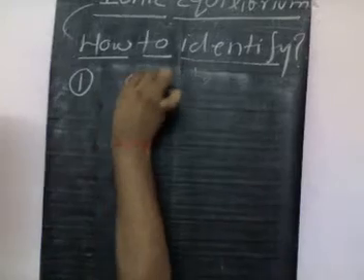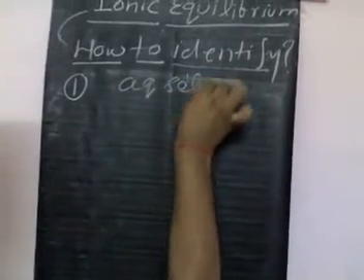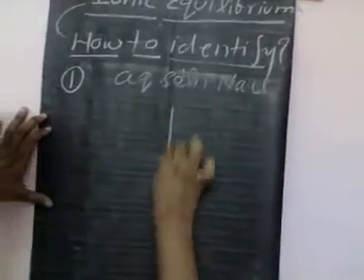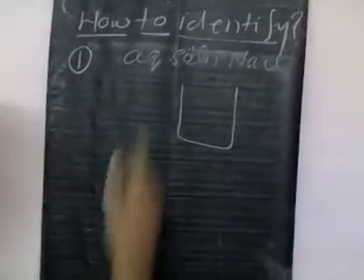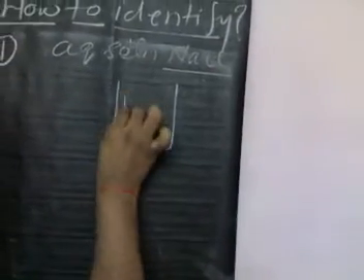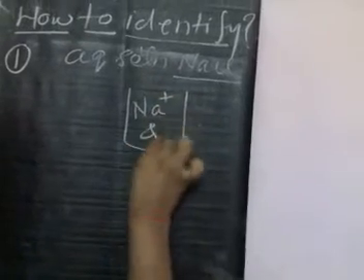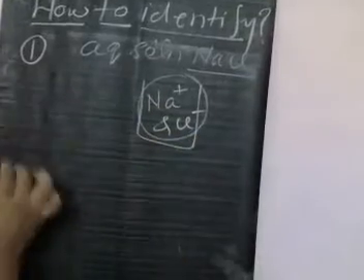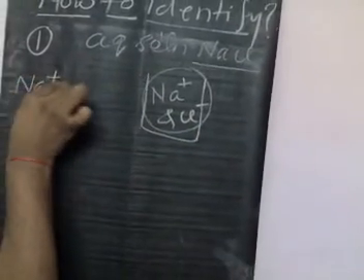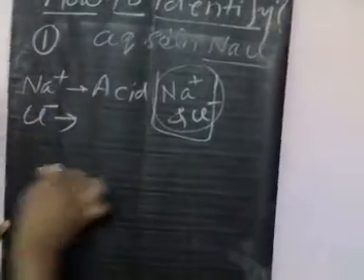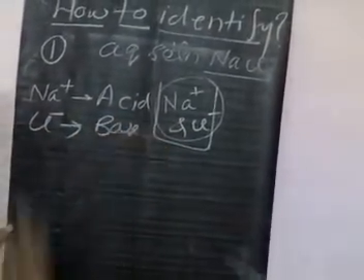Now we'll take one example: aqueous solution of NaCl. First point, we have to identify how many components are present. Since NaCl is a salt, it will be in the form of Na plus and Cl minus. Out of these two components, Na plus can behave as an acid while Cl minus can behave as a base.